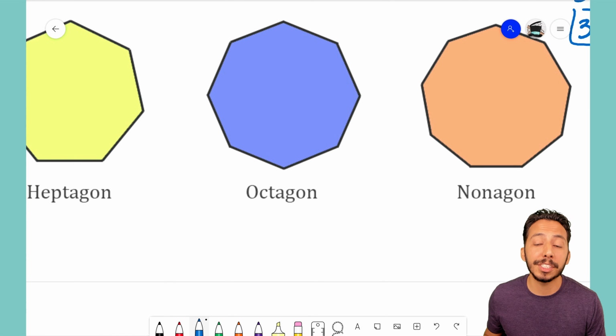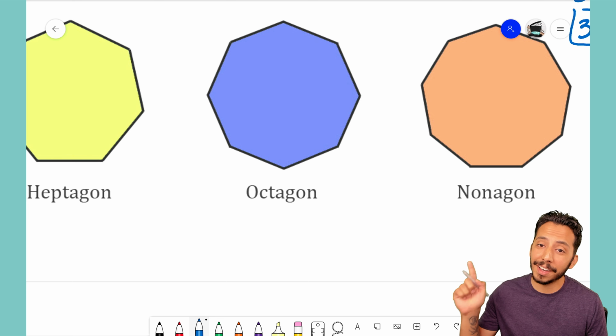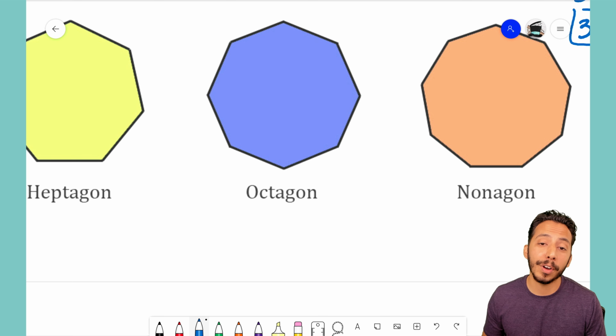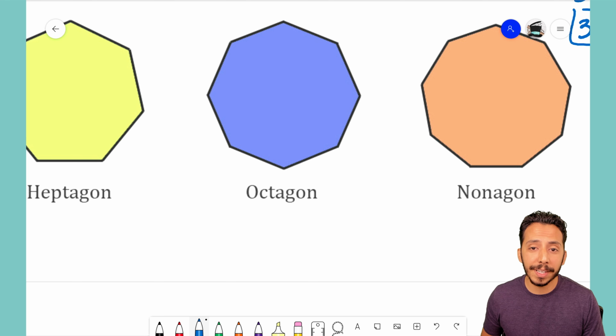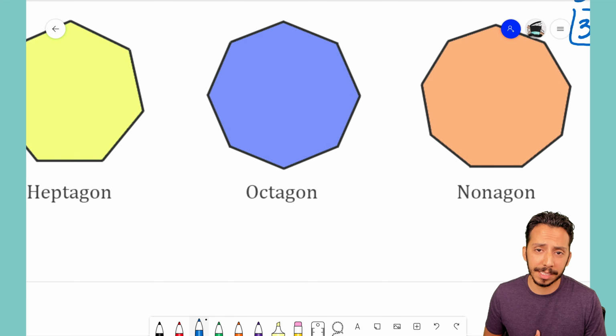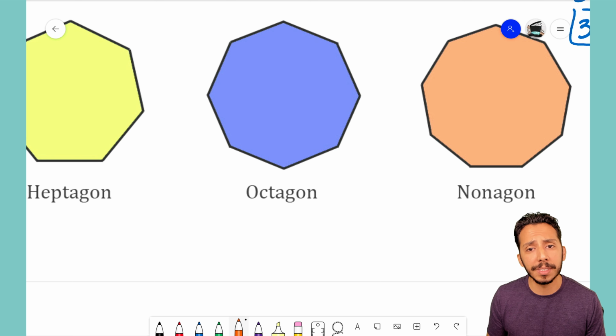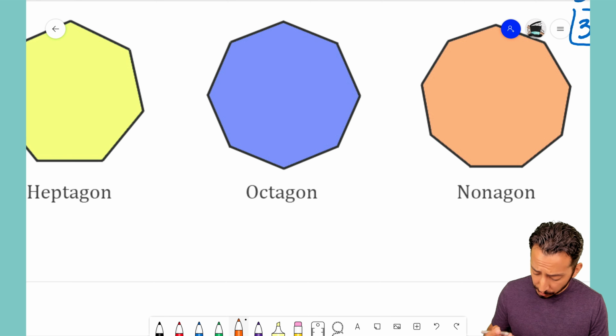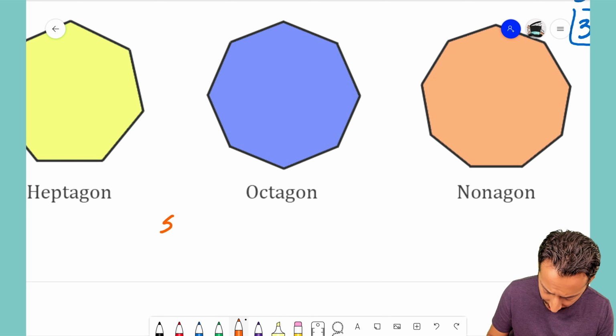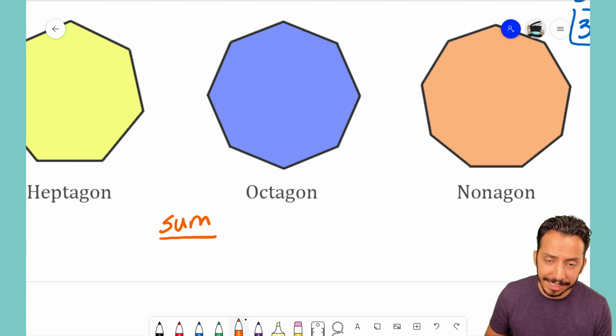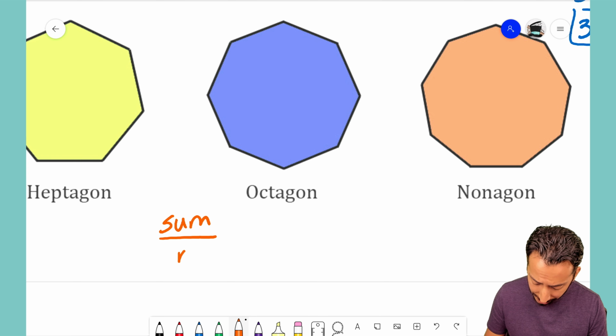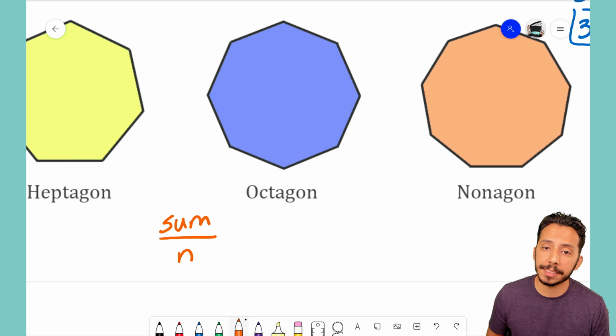Let's do it one more time and determine the sum of the exterior angles for an octagon. I'm not going to draw it all out for this example because I think we understand the process by now. For the octagon, to find the exterior angle, I need the interior angle for this regular polygon. So we take the sum of the octagon's interior angles and divide it by the number of sides.